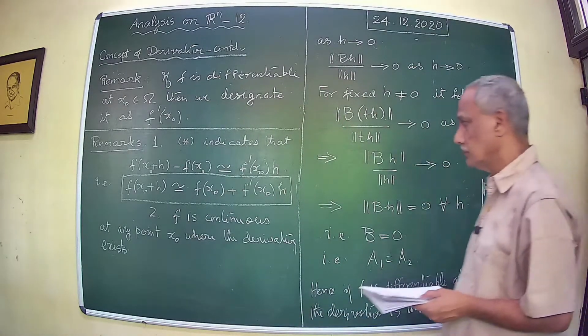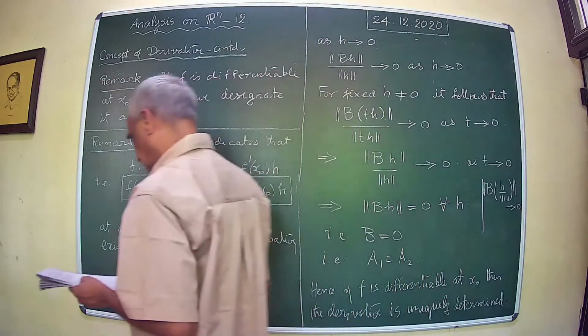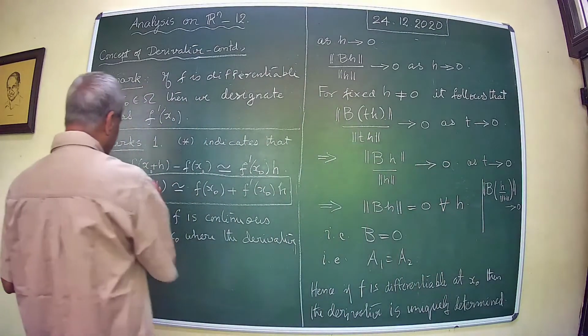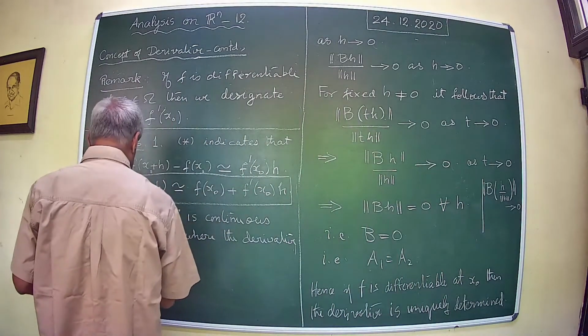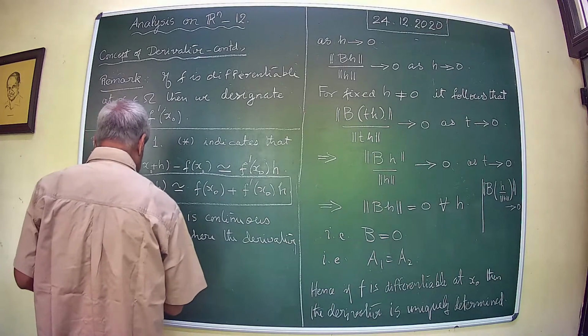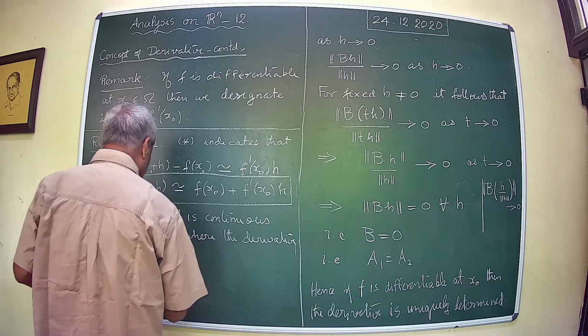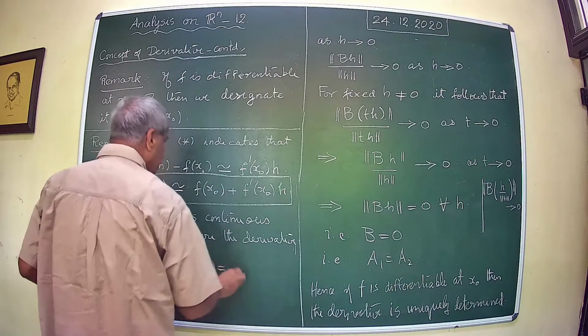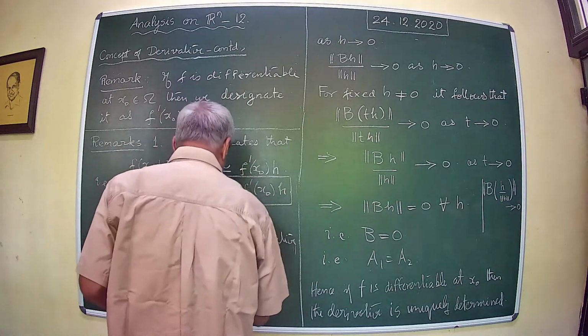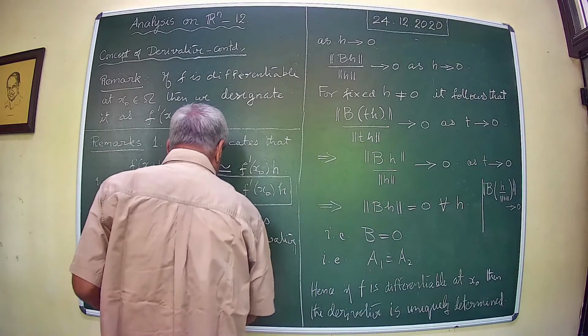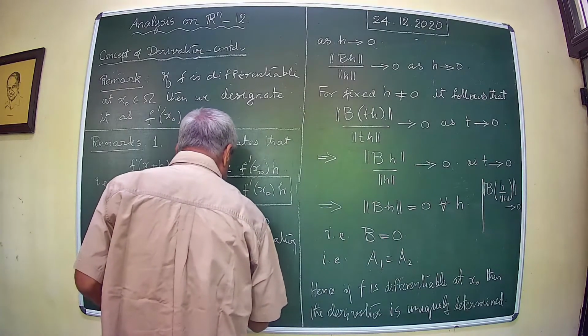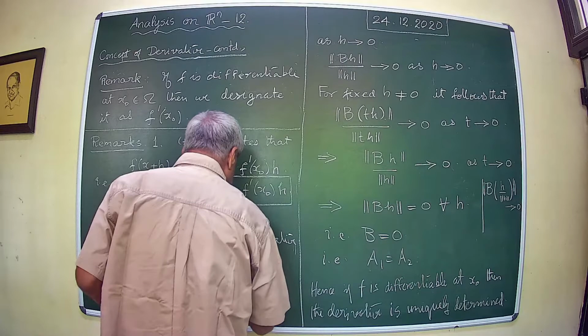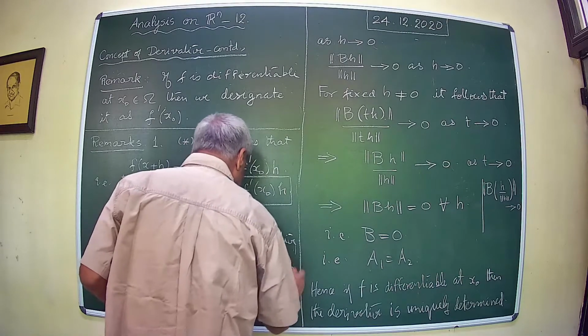So what you have is this. This comes from f of x naught plus h minus f of x naught equal to f derivative of x naught h plus r h.